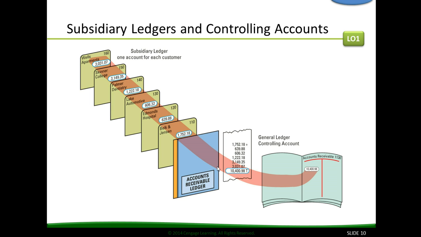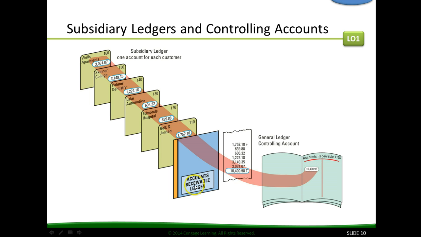It showed all the individual vendors that you owed money. The accounts receivable ledger is the same concept. You create individual accounts of people that owe you money. You add it all up at the end, and then you transfer it into the big ledger account under just one transaction.